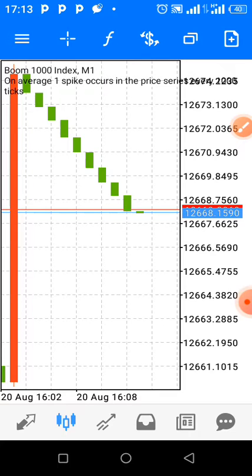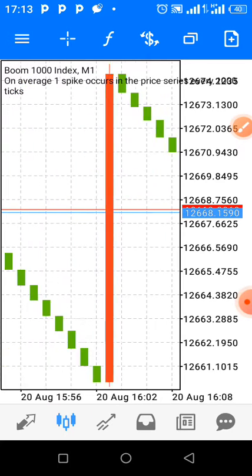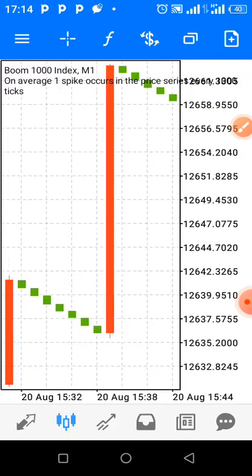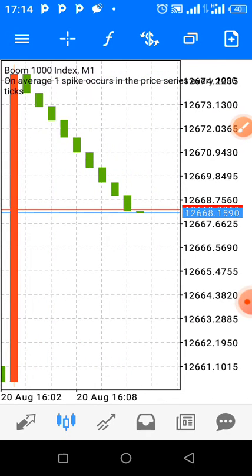So since we are now in the bull market, that is, spike upward, we have to only place a sell trade when we believe that it will be coming down. And what we should be targeting here is 3 candles, 3 candles maximum.